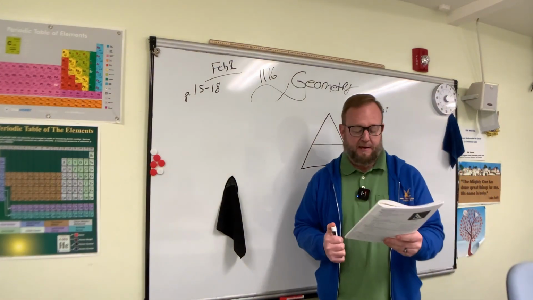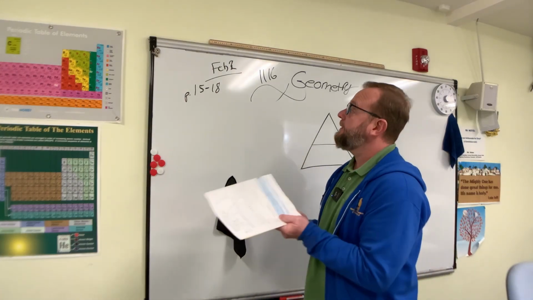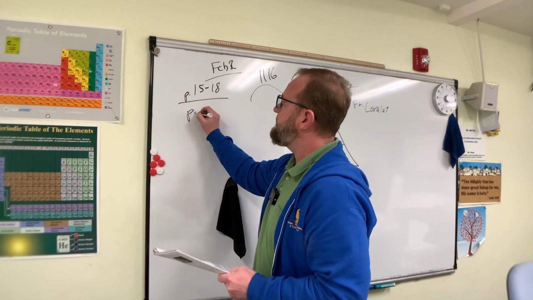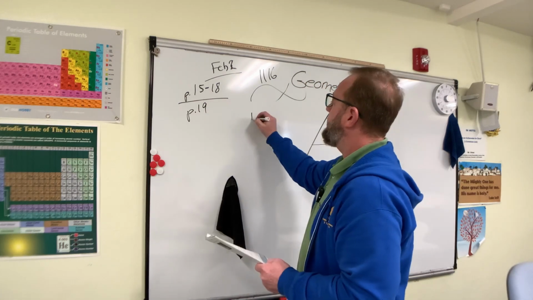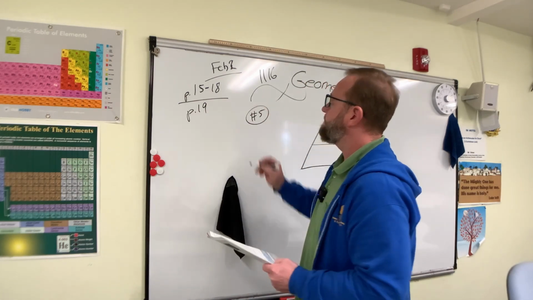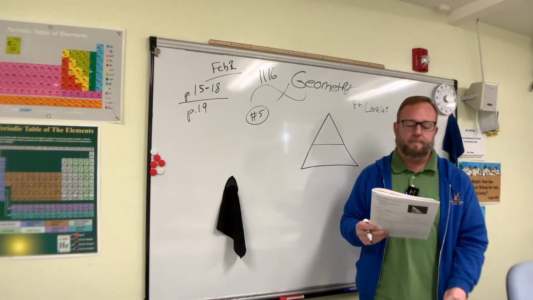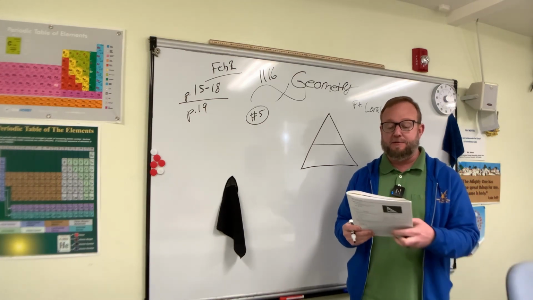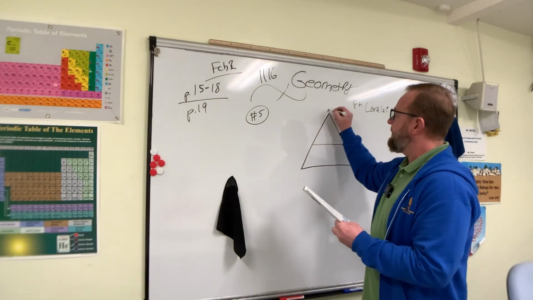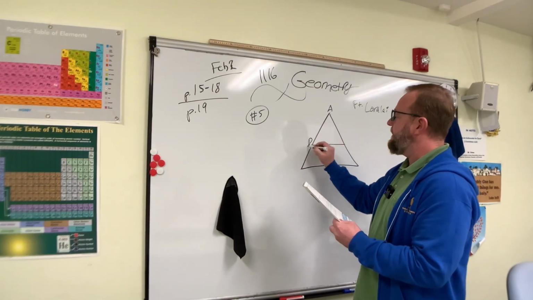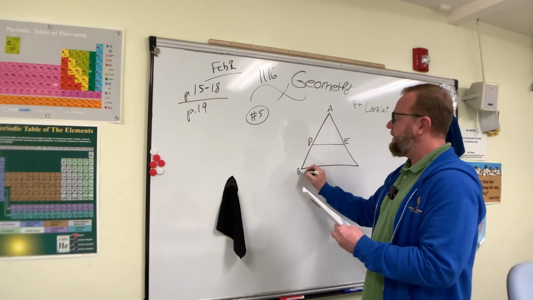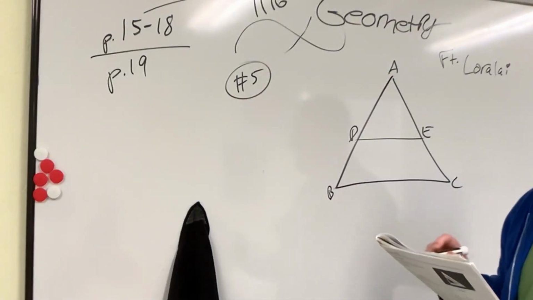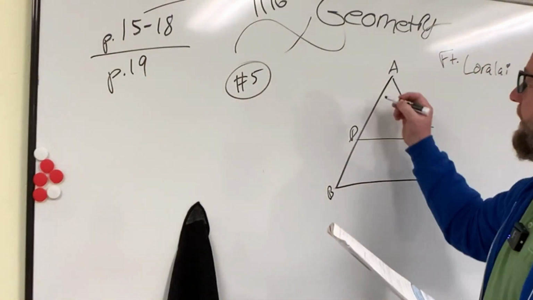So this is page 19 now. So now we're on the second part, page 19, and number 5. DB blank, EC blank, and you've got a triangle that's labeled A, D, E, and B, and C. Some of the sides are given to you.